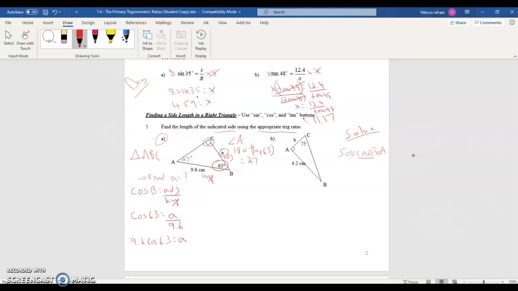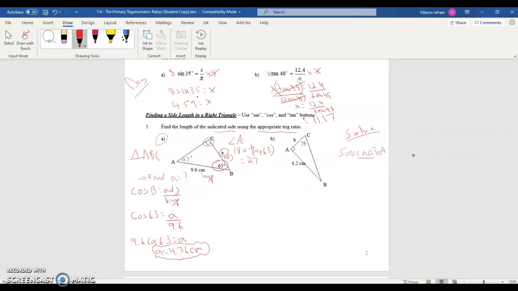We'll do 9.6 times, push your button cos, then hit 63. And we get, and I'll round to two decimal places, 4.36 centimeters. So A is equal to 4.36 centimeters. Make sure you put your units and make sure you write this as a therefore statement, but that's the point.